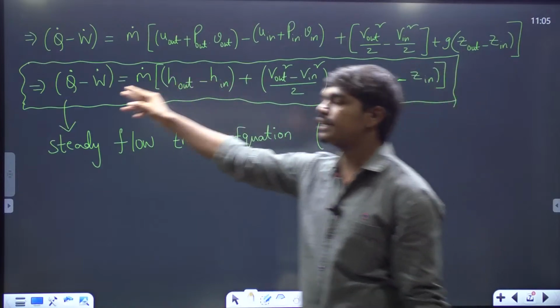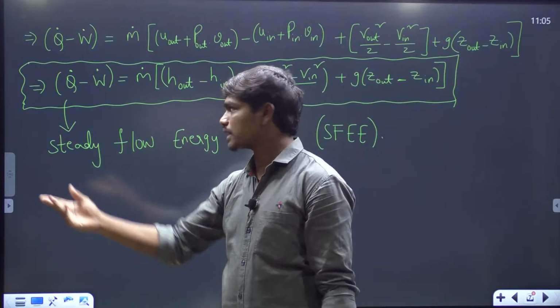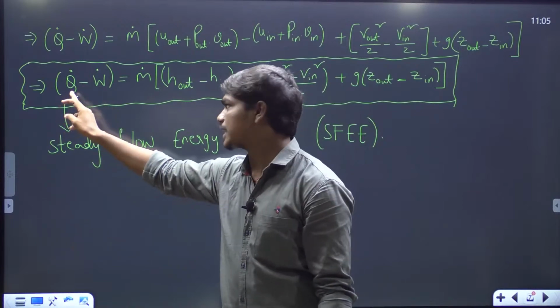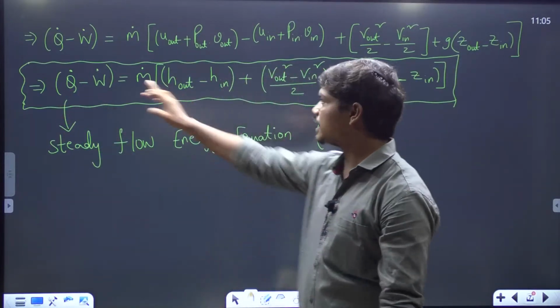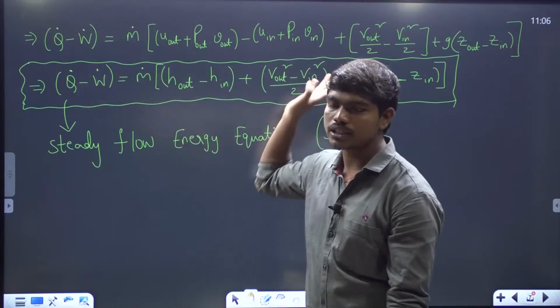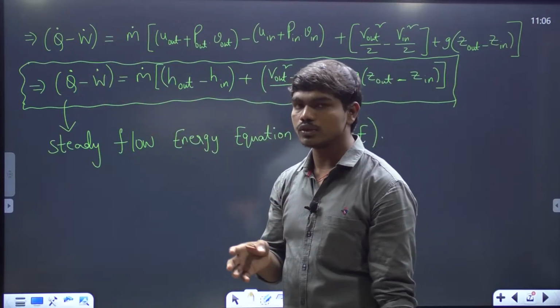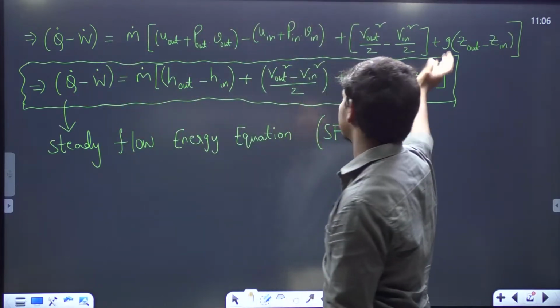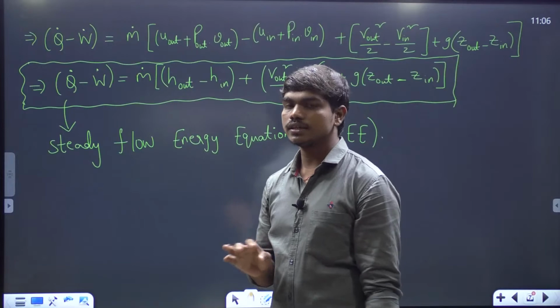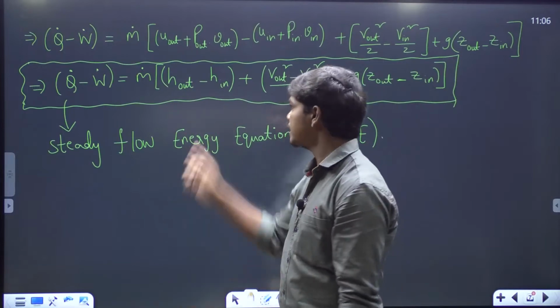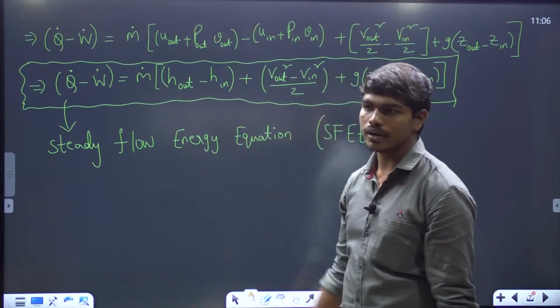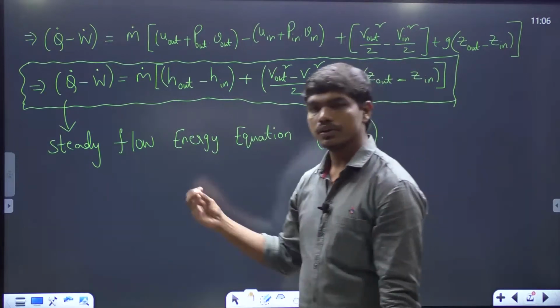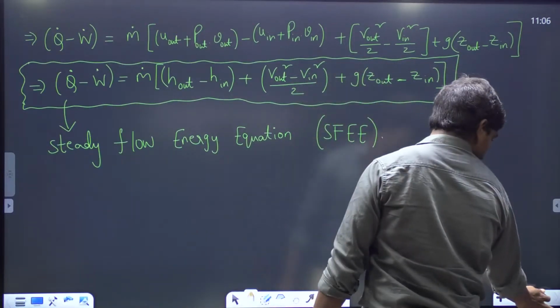If they give some heat being lost, like 2 kilowatts, 3 kilowatts at maximum, you need to consider that in this analysis. If they don't mention anything about heat or potential changes, then you can assume them to be 0. But in general, if they put some values for this Q dot, W dot, and Z out and Z in, you should still consider them, put them in this equation and evaluate whatever quantity they ask you. Okay.